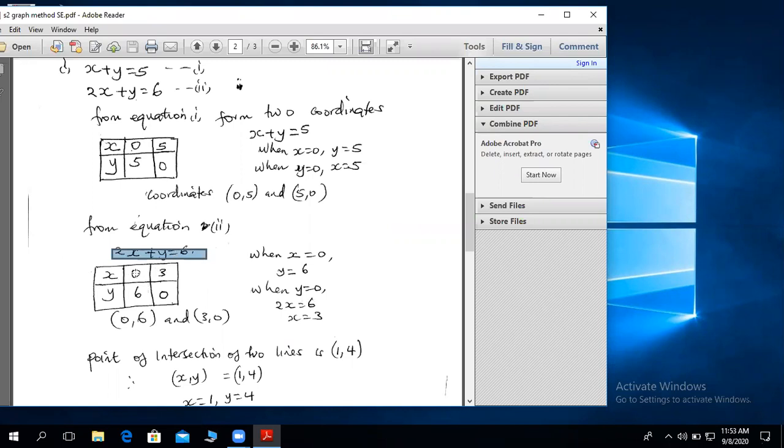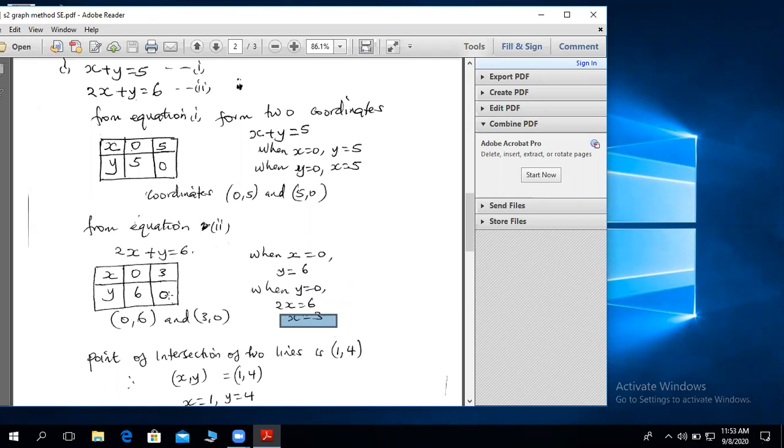Now, when I made x 0, in the next step I say, what about when y is equal to 0? What will be the value of x? When y is 0, this one becomes 0, and I remain with 2x equal to 6. I divide by 2, and I have x equal to 3.